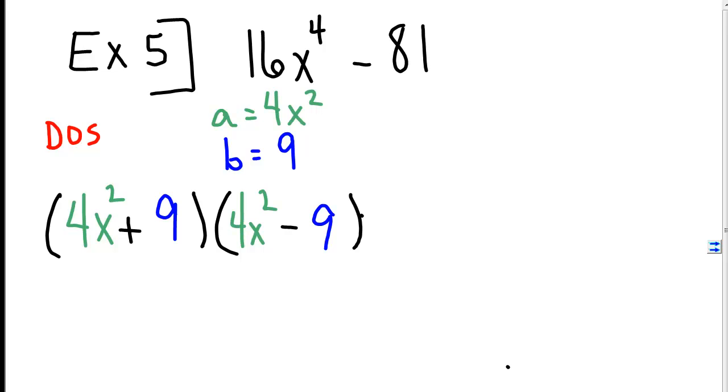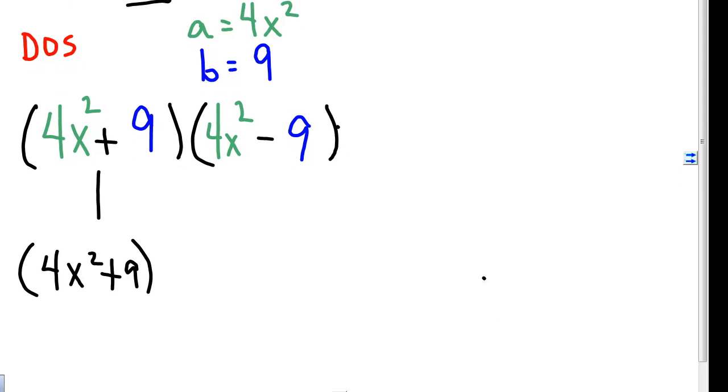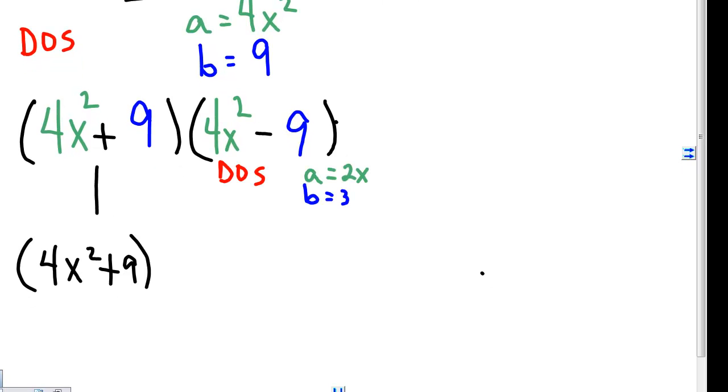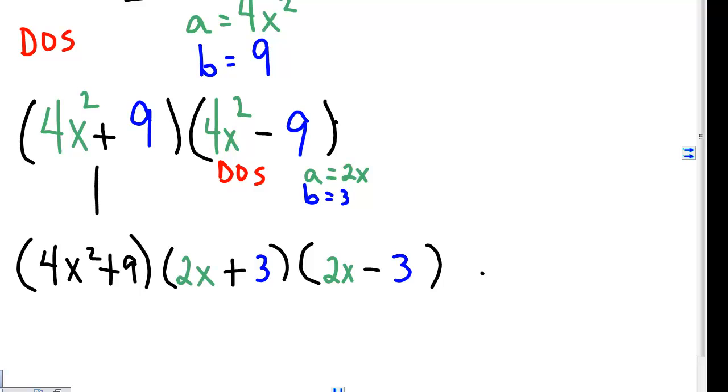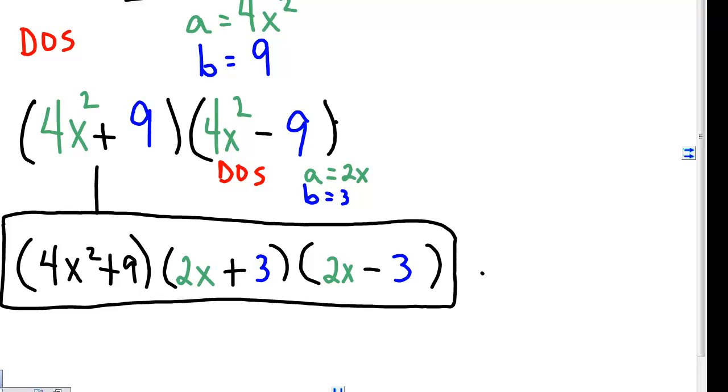But be careful. 4x squared plus 9 is finished. But 4x squared minus 9 is a difference of two squares again. A is equal to 2x, and b is equal to 3. Those are my factors. Plug them into the formula, and I am done.